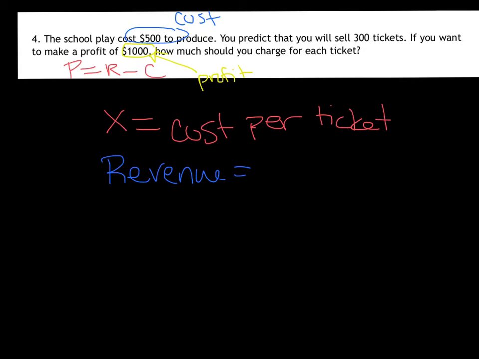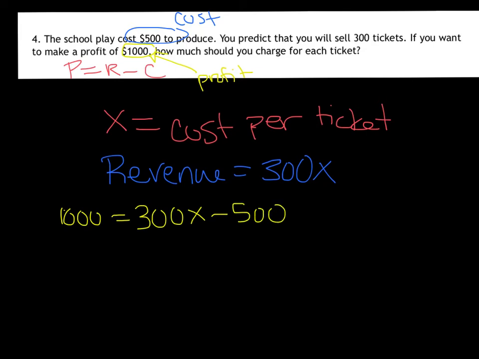So if the school sells 300 tickets and the cost of the ticket is X, the revenue is going to be 300 times X. So the way that we're going to write out our equation is as 1,000 equals 300x minus 500.